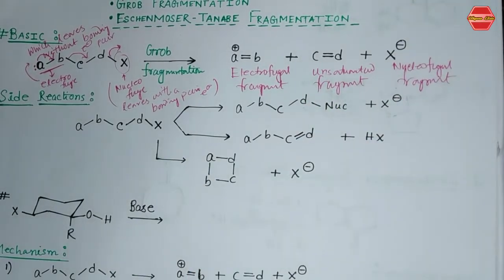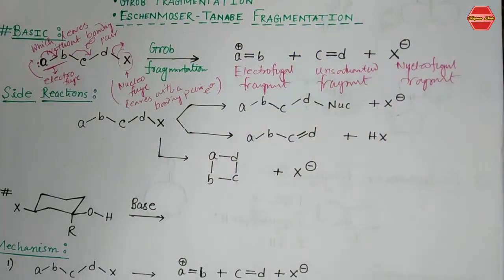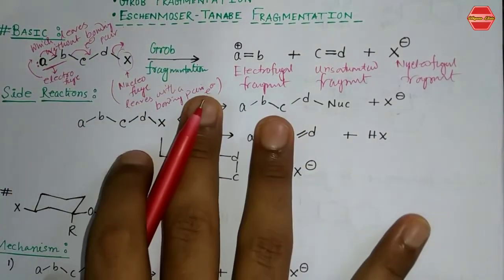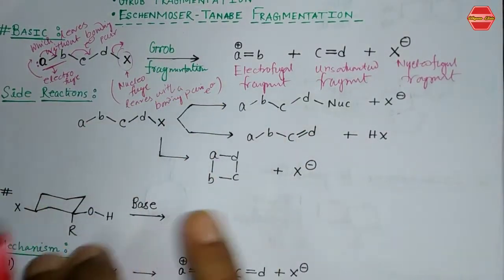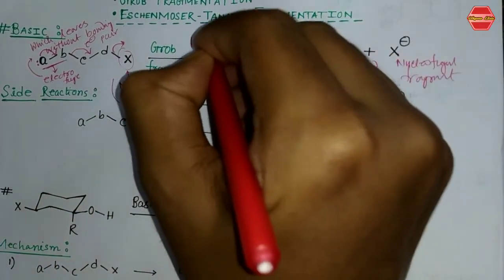Right. So these three parts are the basic concept about the GROB'S fragmentation. Now this fragmentation is basically a heterolytic cleavage of different kinds of molecules.